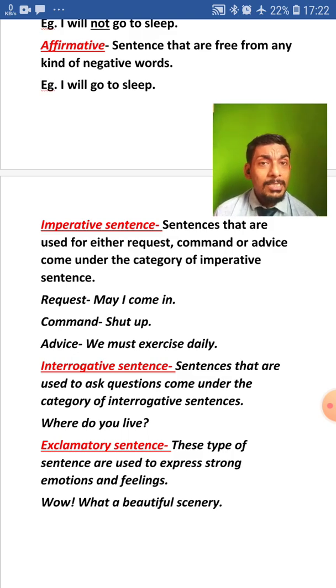And the punctuation mark that we will use for the first type and the second type, meaning for assertive and for imperative, is full stop. Don't ever forget to put a full stop after an assertive sentence and an imperative sentence, my dear students, because punctuation mark is a must in English grammar.